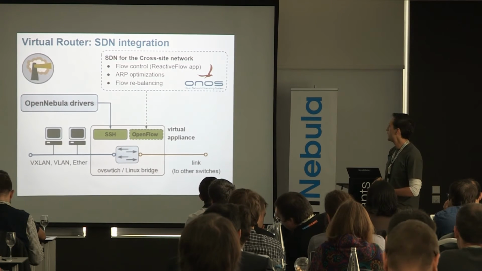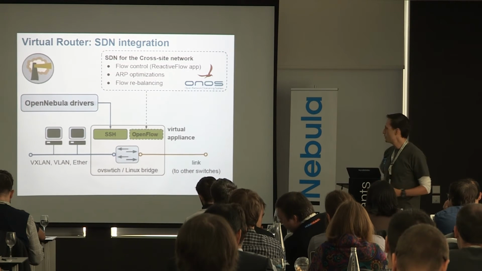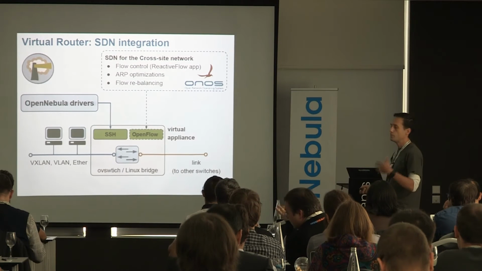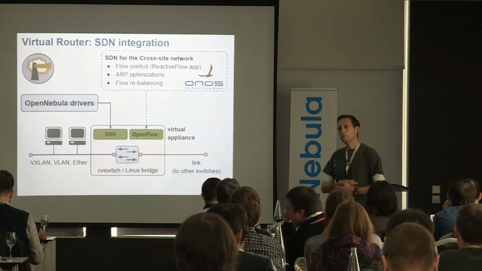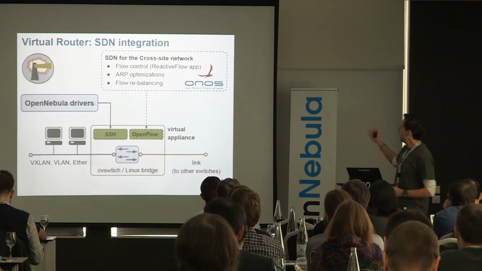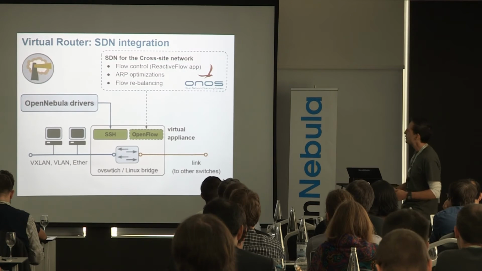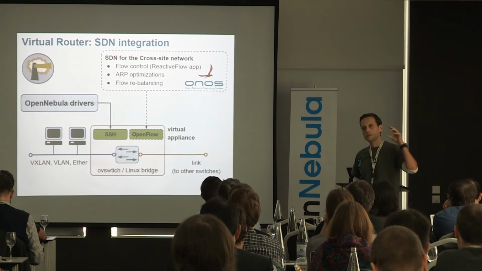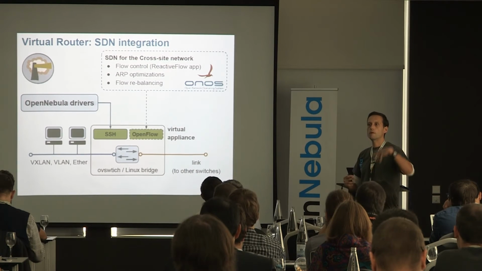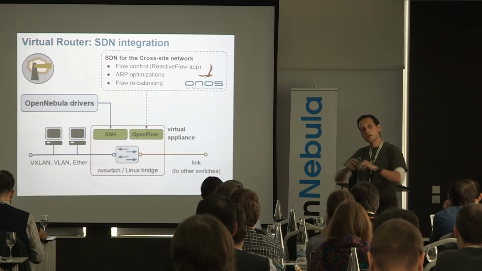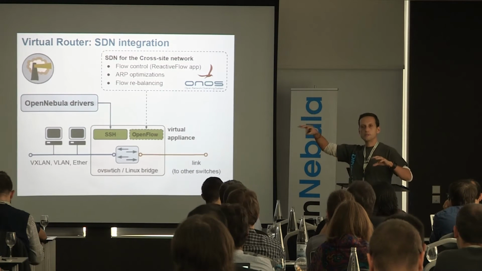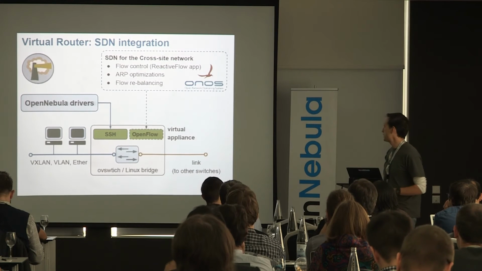The benefit is that in those situations, for example, you want to optimize ARP traffic, because usually broadcasting in such scenarios is a bad thing. So using an SDN, you can capture DHCP requests or ARP requests and program flows in the switches, so the switches know where a virtual machine or a host has been started.